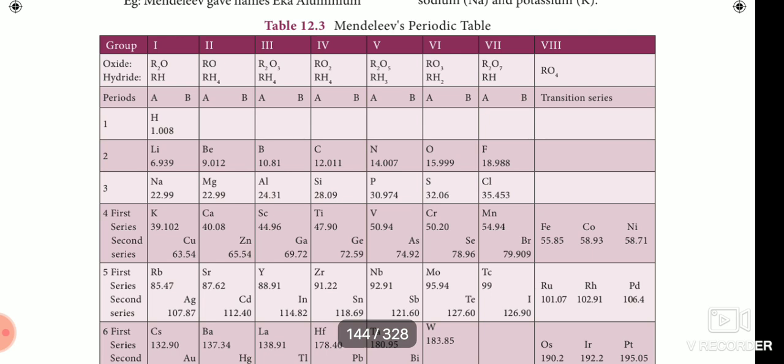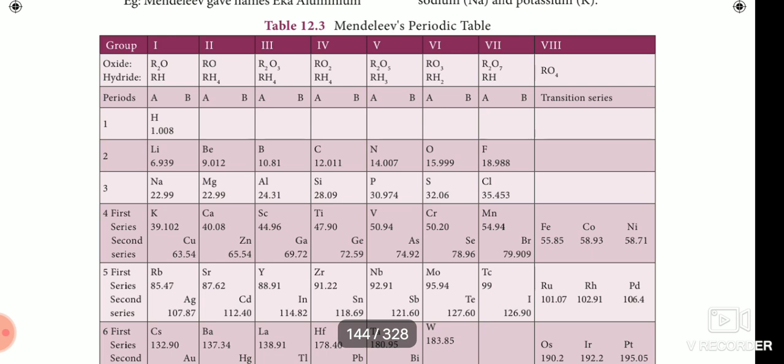In this table, some places were left vacant for elements to be found in the future. Below aluminium and silicon, the elements are named eka-aluminium and eka-silicon. Where are aluminium and silicon? Al is aluminium and Si is silicon, in the third period and groups 3 and 4.